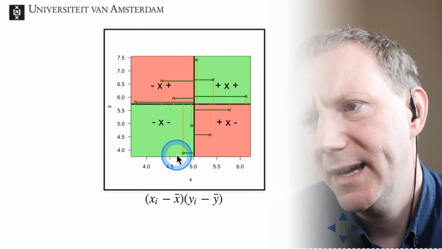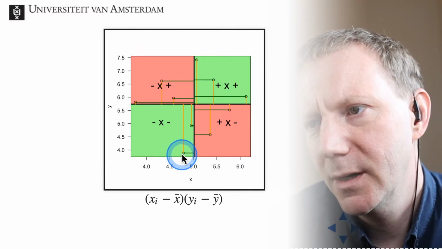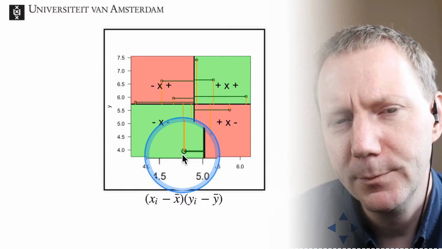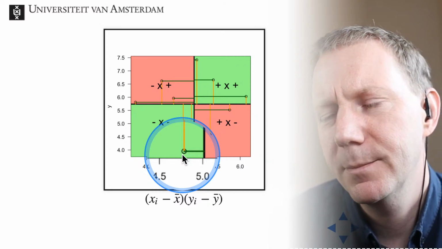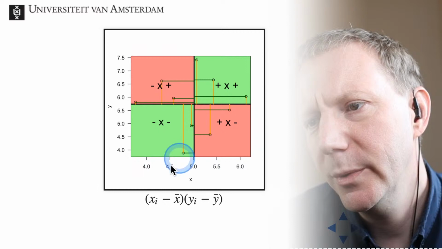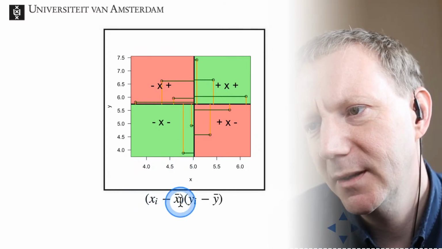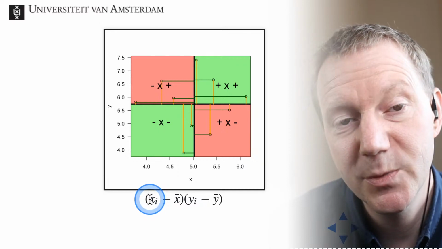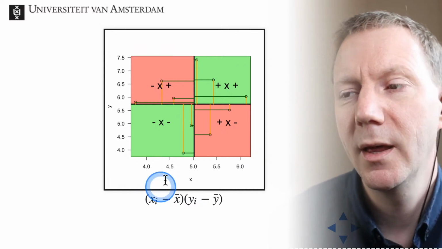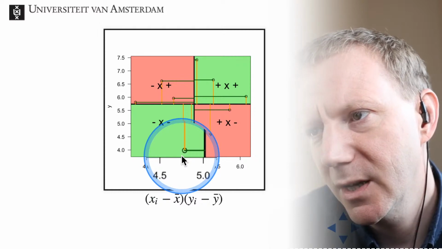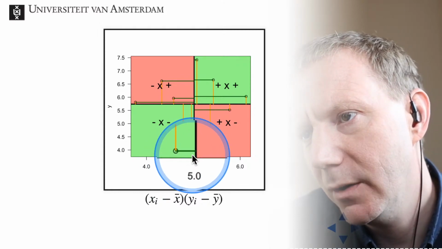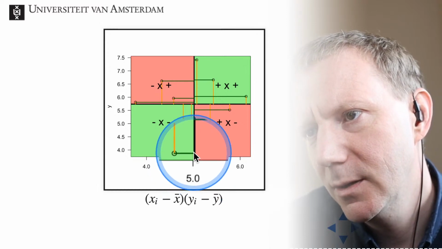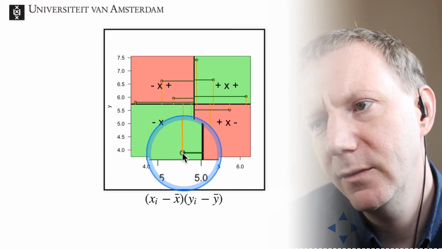So if you look at a specific individual, for example this one, in terms of the formula, if you're subtracting the mean of x from the specific score of an individual, then we're talking about a distance from the mean of variable x to the actual score of the individual.